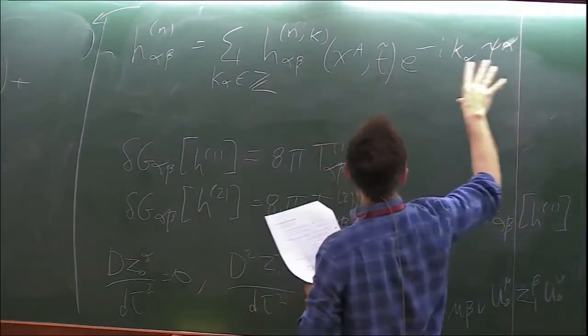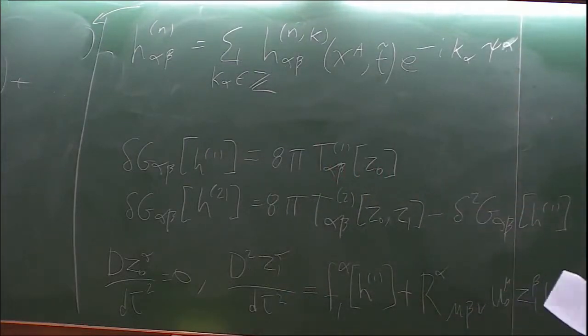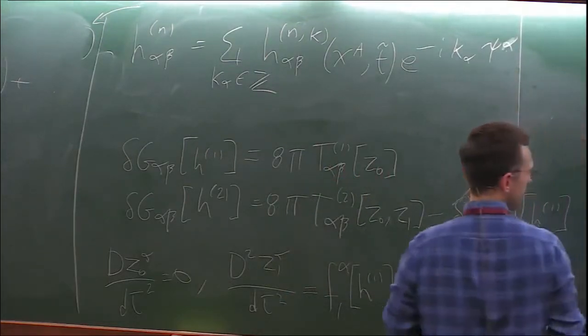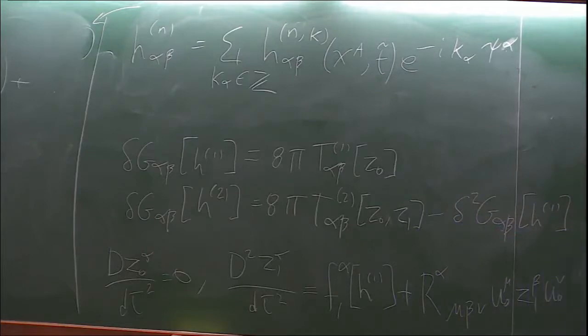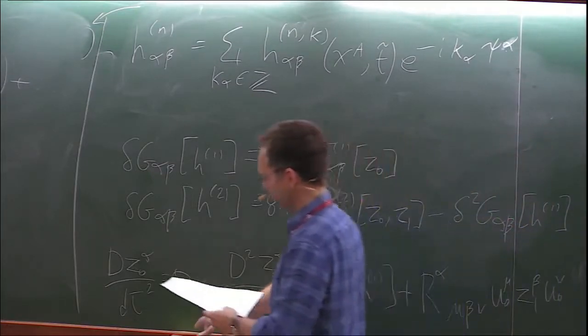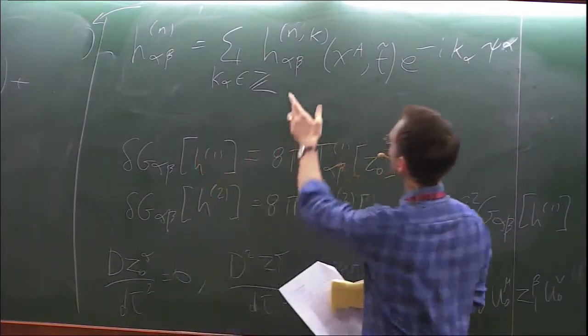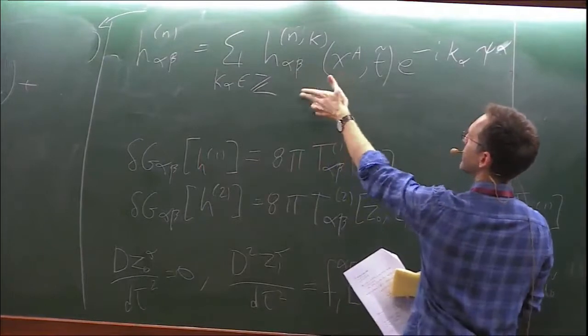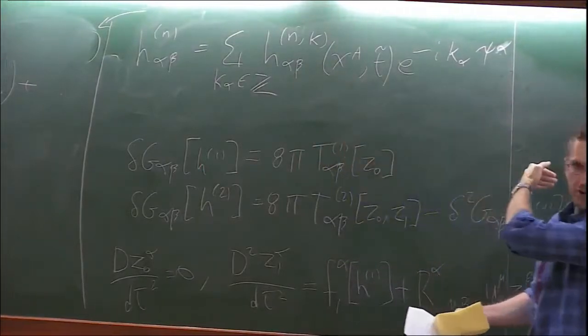So when we have expansions of this form, and we put them into the Einstein equations, then what you get is just equations for the amplitudes. The phases just completely factor out.